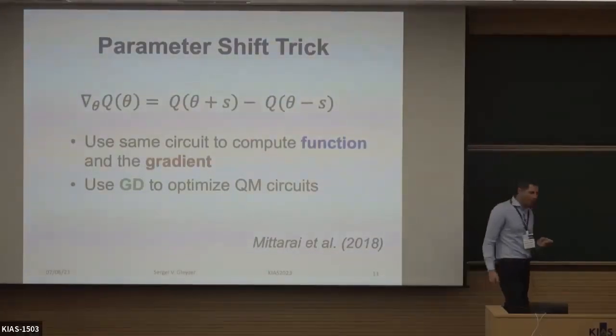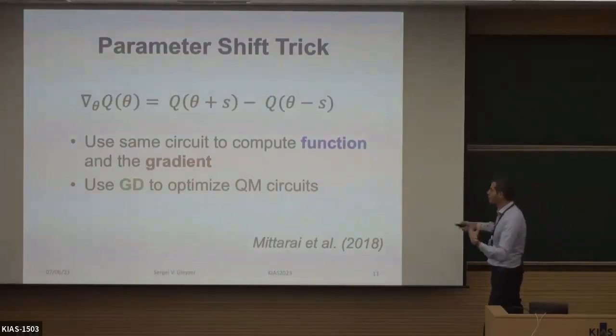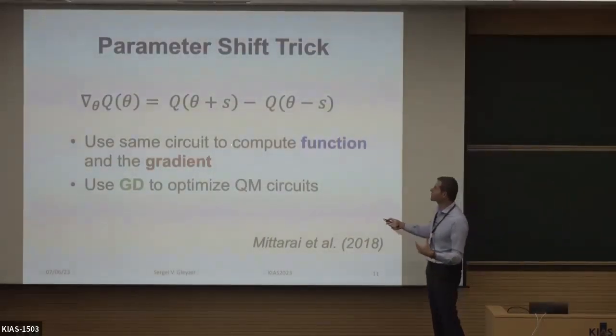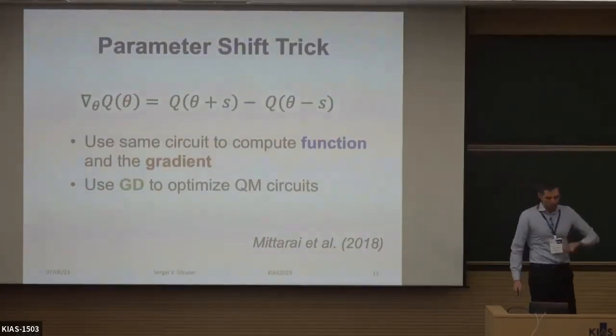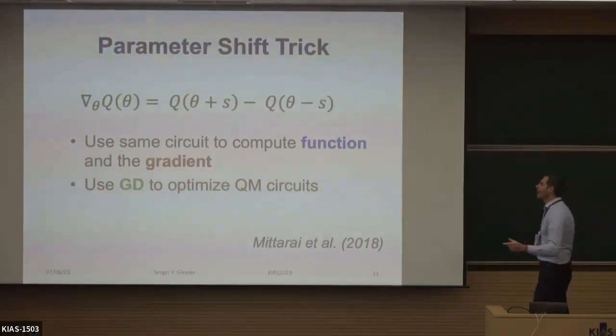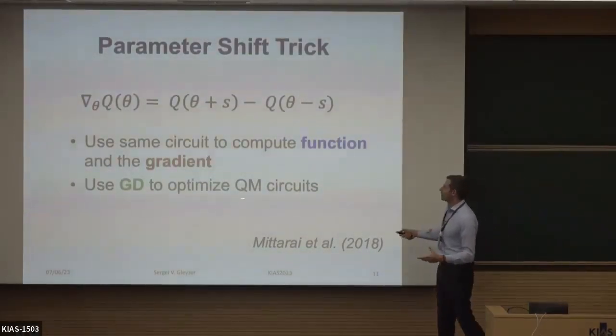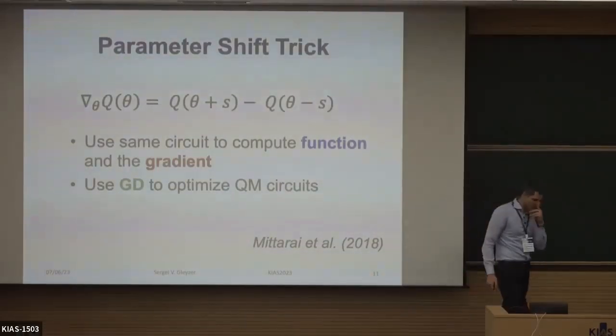The reason why this is really good is because you can use the same identical circuit, okay, to compute both the function and the gradient. That really helps you, okay? And this is why we can use gradient descent to optimize also the quantum part of our circuit.